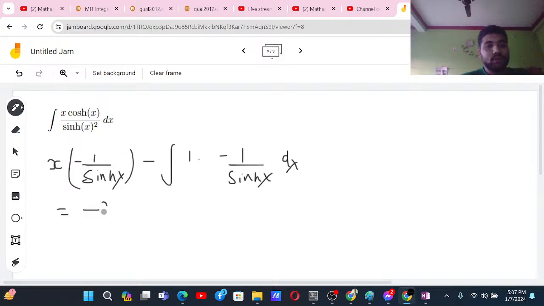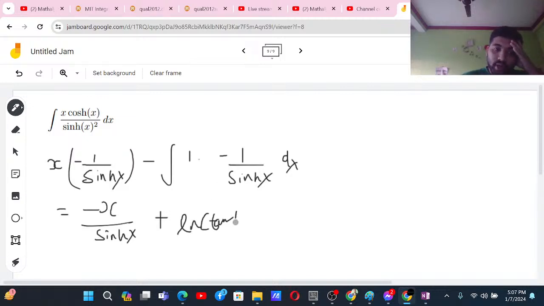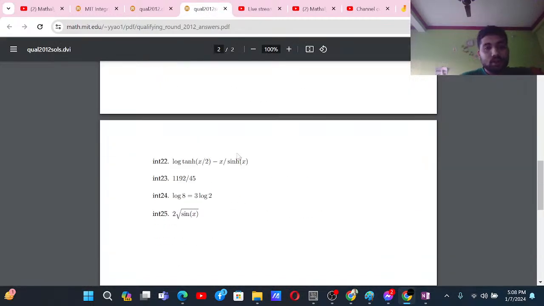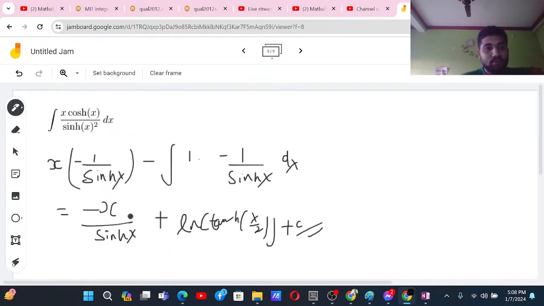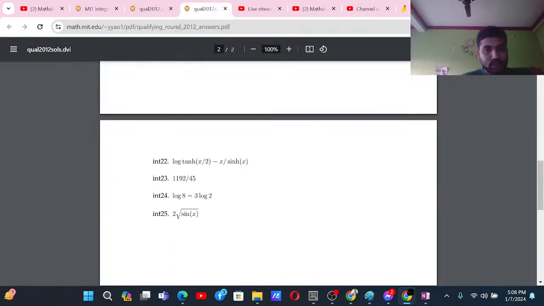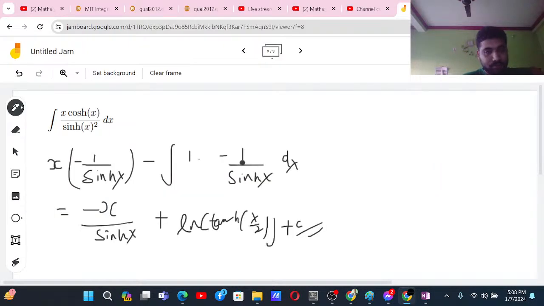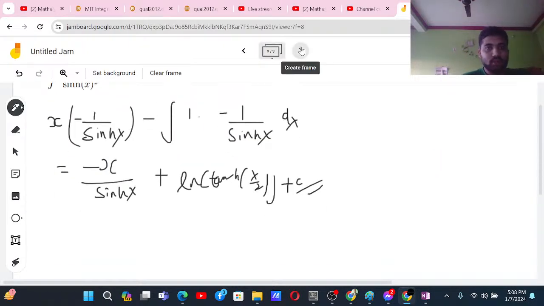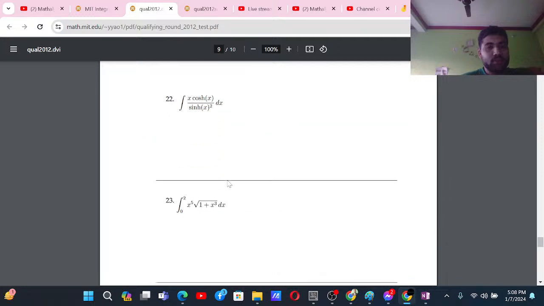So this is minus x by sinh x plus the integral of cosech x, and the integral of cosech x is ln of tanh x by 2. That's the standard formula, plus c. That's the answer: minus x by sinh x plus ln tanh x by 2. Good, next problem.